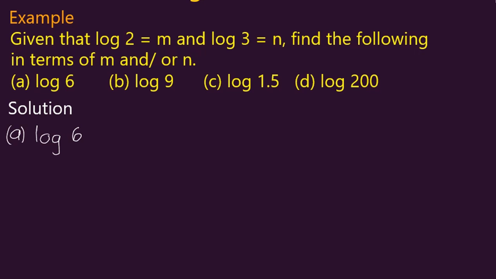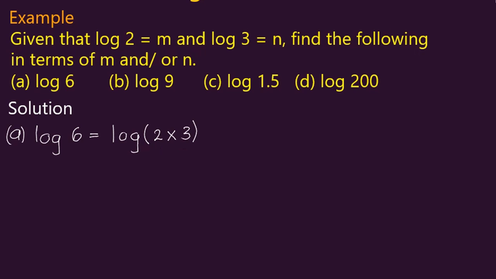Alright, so I want you to see how I'll be working out part A. I can say that the logarithm of 6 is the same as the logarithm of 2 times 3, because 6 is 2 times 3. And why have I used these figures specifically? Because we know the logarithm of 2 and the logarithm of 3. So that's why I'm using the figures 2 and 3.